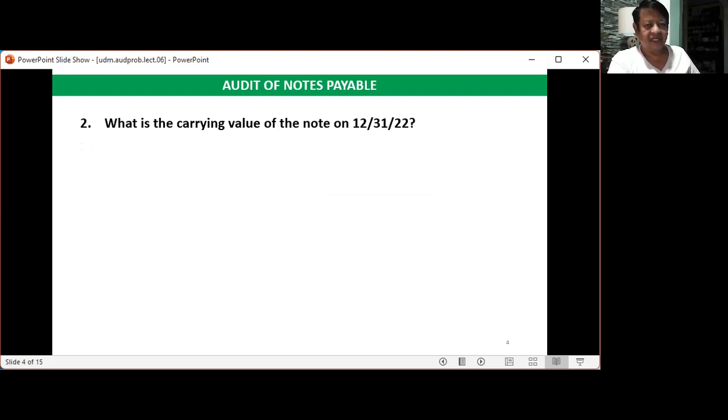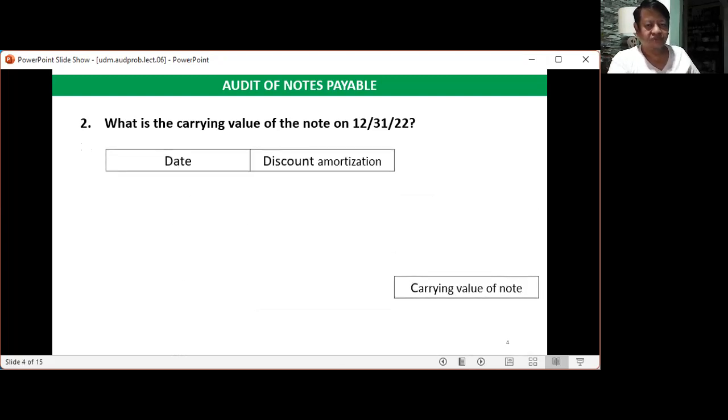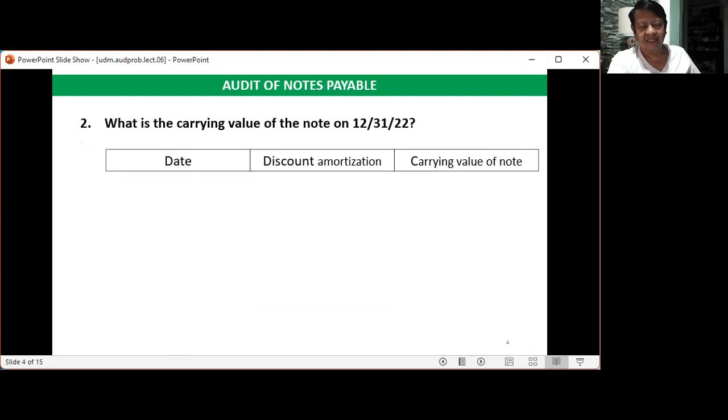What is the carrying value of the note on December 31, 2022? So to answer this question, we have to prepare an amortization table. So here are the headings, the date, the discount amortization, and the carrying value of the note.